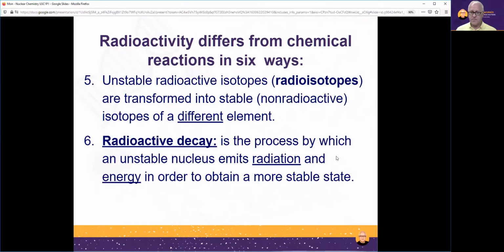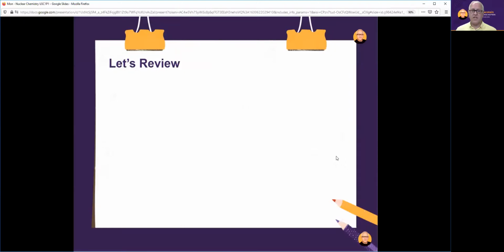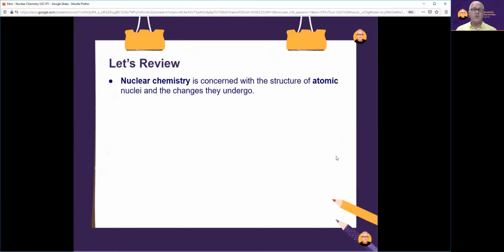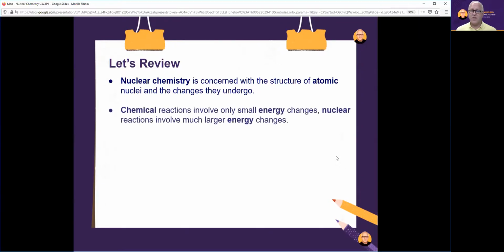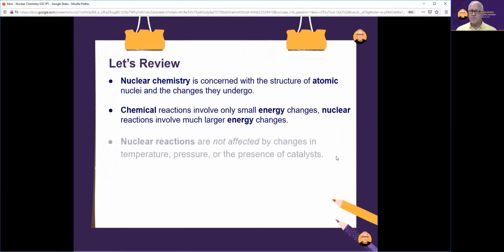So let's review. Nuclear chemistry is concerned with the structure of atomic nuclei and the changes they undergo. Chemical reactions involve only small energy changes. Nuclear reactions involve much larger energy changes.